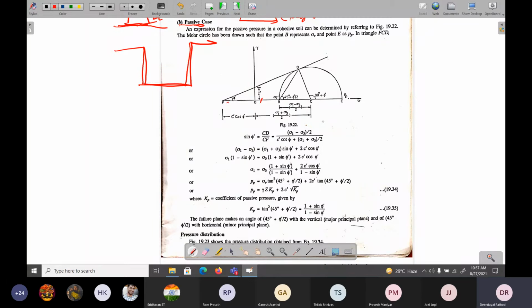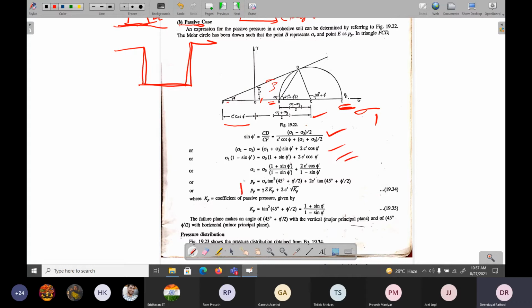Here this is the major principal stress, and this is the vertical stress. We have drawn those circles, no, keep on increasing in the last class. Here this is the major principal stress, and this is the minor. So this is C dash cot phi, and this value we know. Here what is sin phi now? CD by CF, and it can be written in this way.